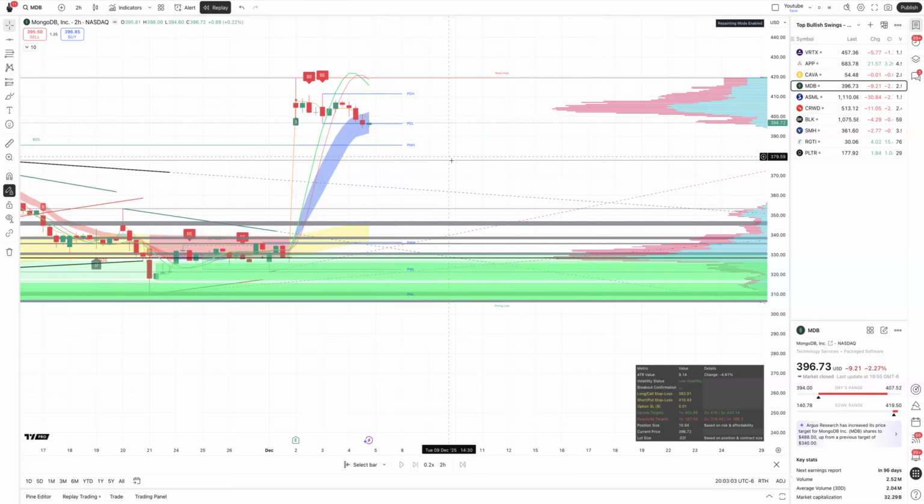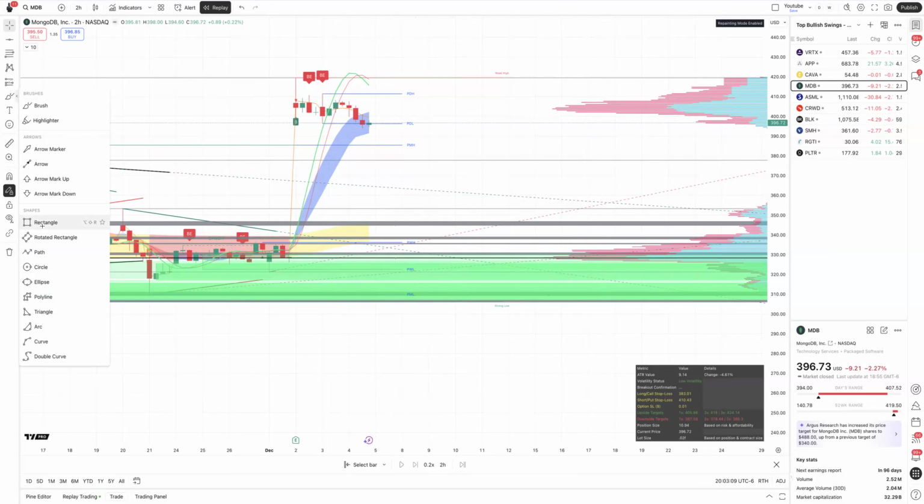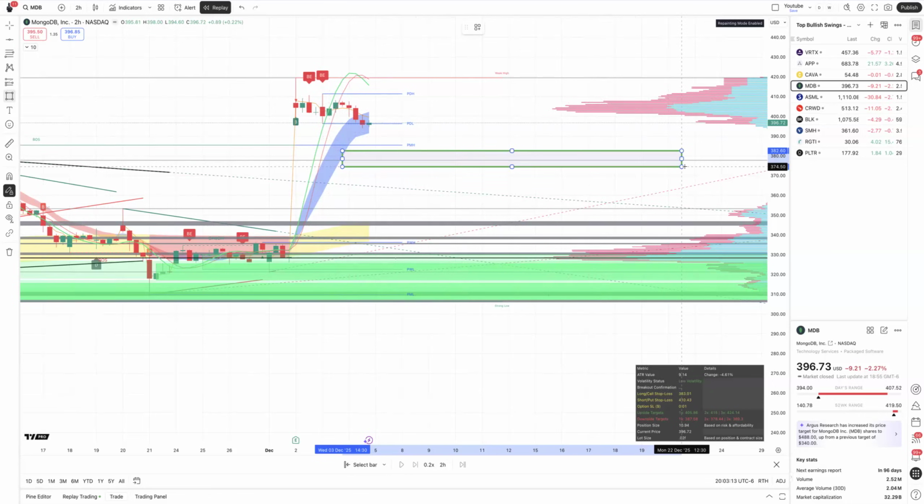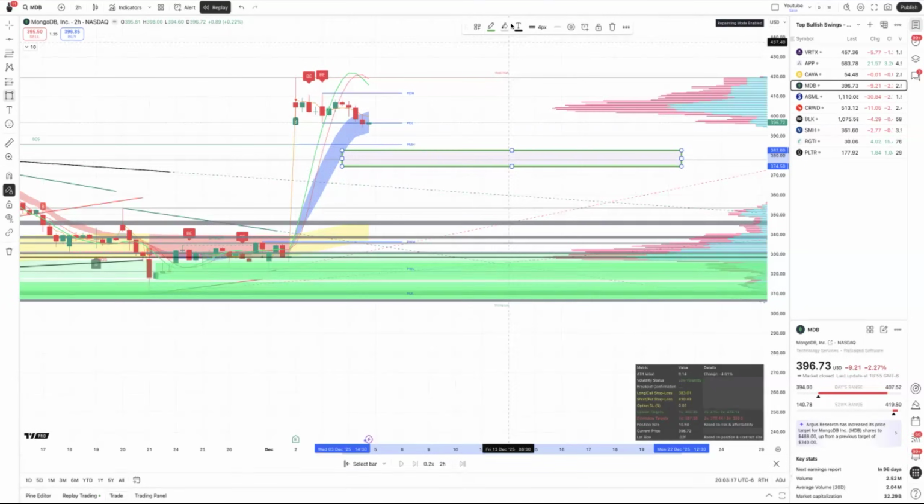Or say it says you need to enter at 377 on a pullback and then an inverse arc, right? What you can do is go ahead and mark those levels out, or put your entry zone on your chart and label it. You can call it an entry zone because you have text and everything within the chart. You can add text.